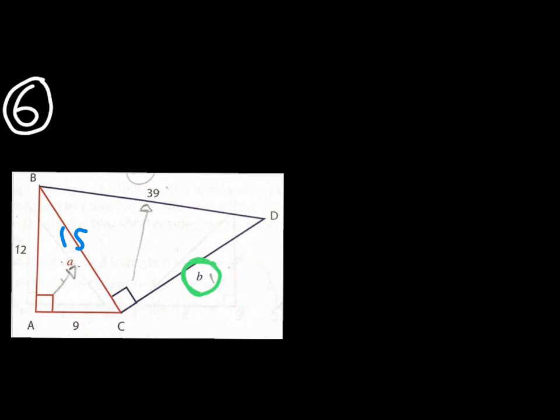So next we are trying to find the missing side B. This is not the hypotenuse, so we are going to have to make an adjustment to our Pythagorean theorem.